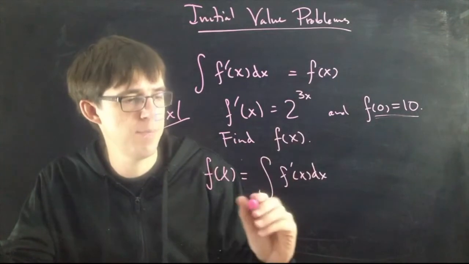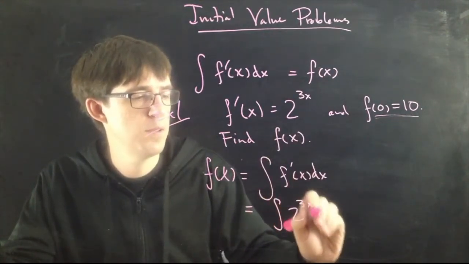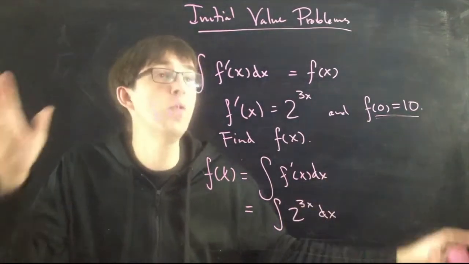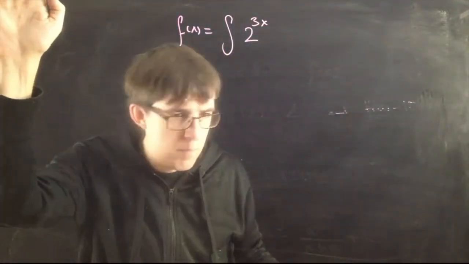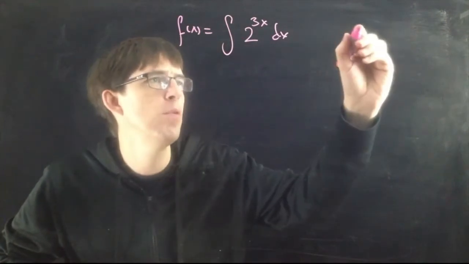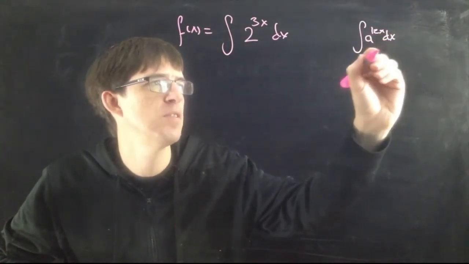And they told you what f prime of x is, so it's just going to be the integral of 2 to the 3x dx. How do you do this integral? Well, you use the rules. We got rules for this. Remember the rule we talked about last time, the integral of a to the kx dx. This is the rule to use.